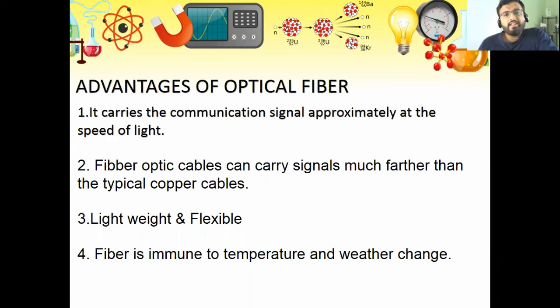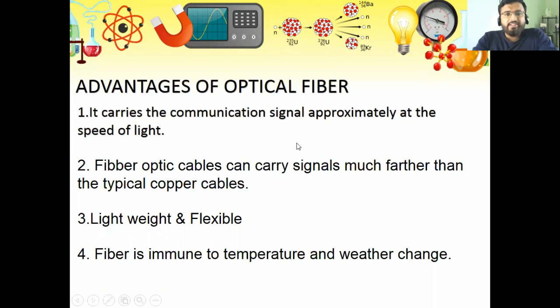Optical fiber is light and flexible, so it is easy to transport and handle as well. And fiber is immune to water and weather conditions. Unlike metals, it does not get corroded because of moisture and alkaline or acidic soil. So these are some of the advantages of optical fiber.